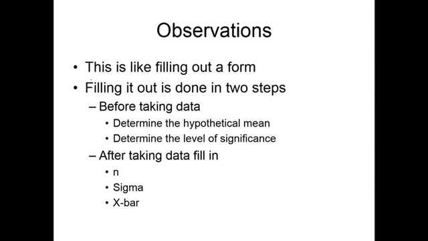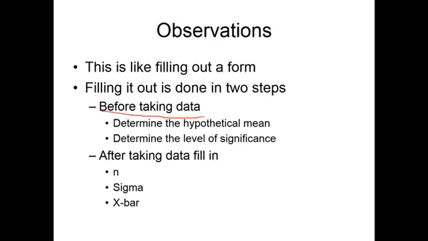After years of teaching this, I've come to see this is just like filling out a form. After you've got your stuff set up, you just go along putting things in blanks. The filling out is done in 2 steps.